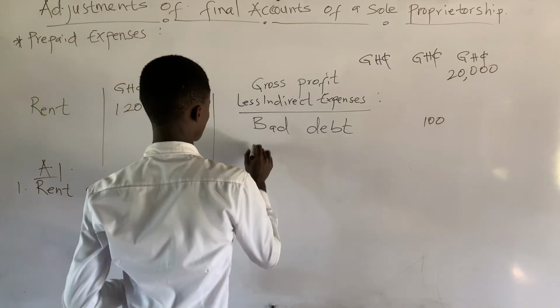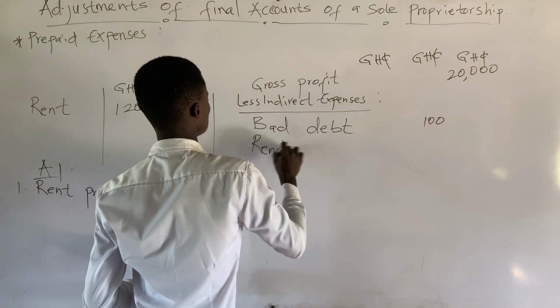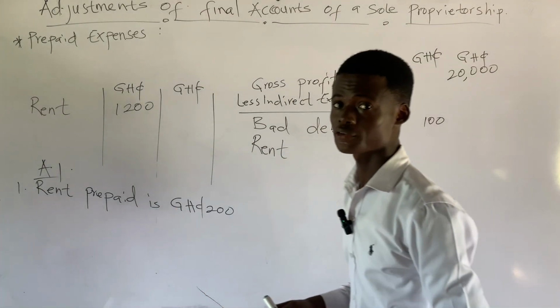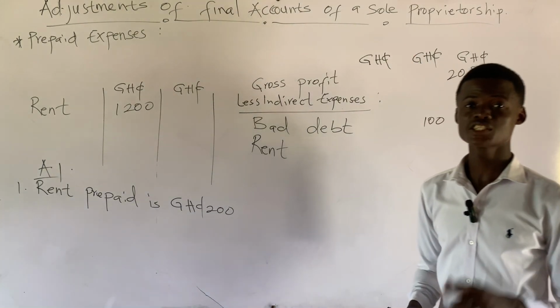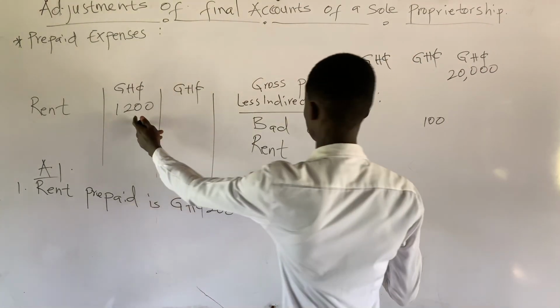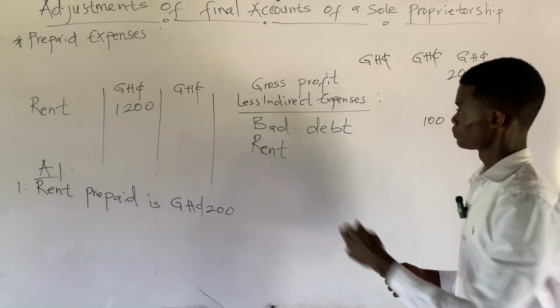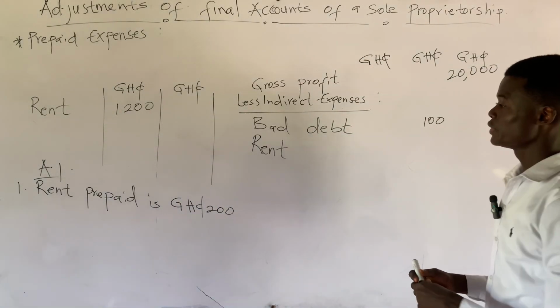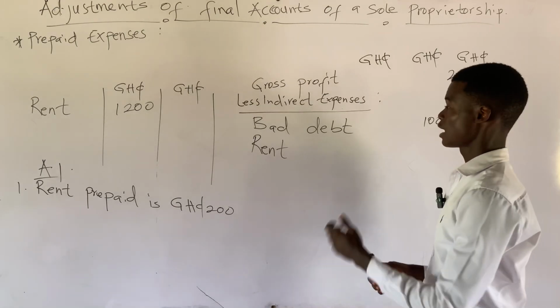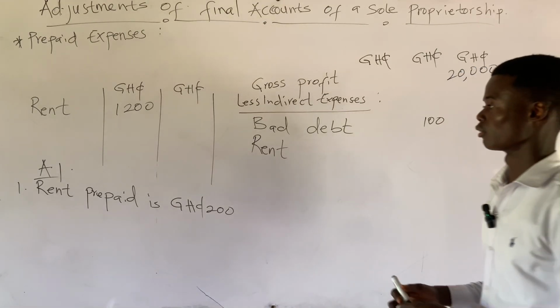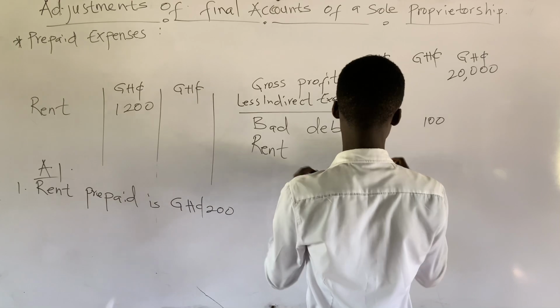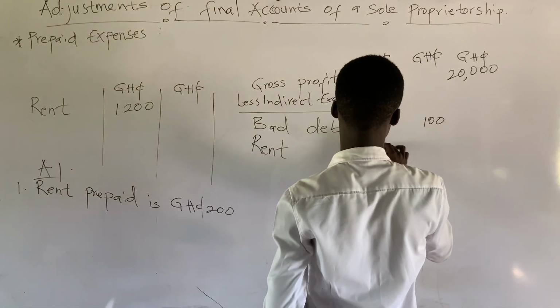Then you bring our rent. So we will first begin with the rent on the trial balance, which is the rent expenses paid. So we will bring our 1,200. Because this rent is subject to adjustments, it will be on the first column. Then we adjust it and we will send the final amount to the middle or the second column. So the paid is 1,200.